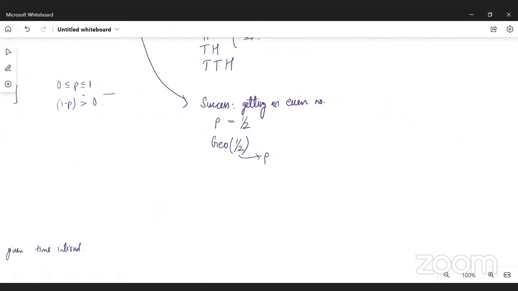Okay, so let's say you can get the first success on the first trial or the second trial or the third trial and so on.